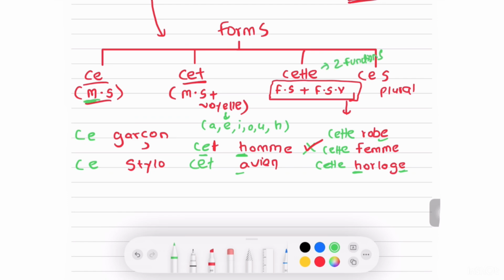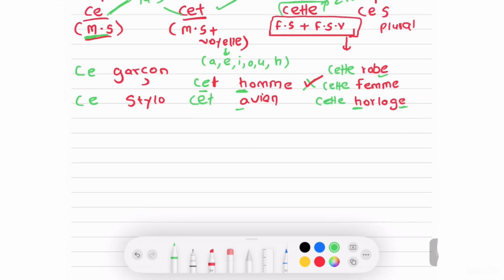But in masculine, you have two options. That is, if it's not a vowel, then CE. If it's a vowel, then CET. That means you have two different adjectifs démonstratifs in the masculine singular one. It can either be this or it can be this. For feminine singulier, you have one adjectif démonstratif for both vowel and consonant.